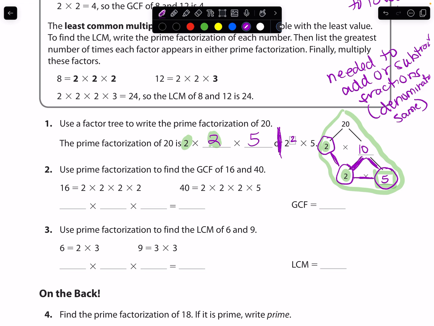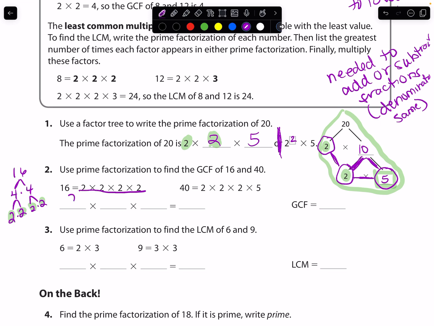We're going to find the GCF of 16 and 40. They've already done your trees, but I'll prove it. 16 comes from 4 times 4. Neither of those are prime numbers, so each becomes 2 times 2. You can then see that there are four 2's at the very roots of our tree: 1, 2, 3, 4.